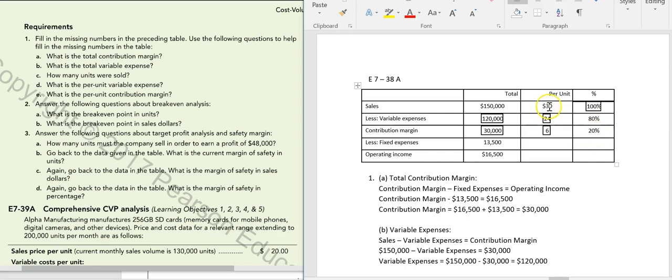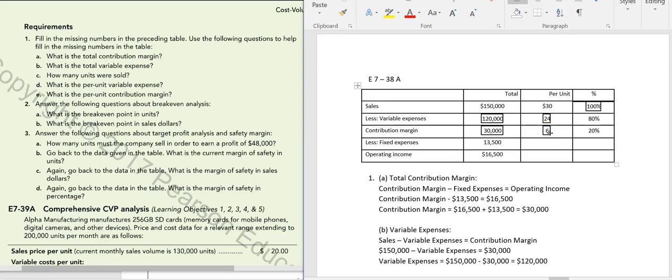So if you think this is your sales 100%, you could take per unit or you could take total. Then you could figure out what percentage of it is your contribution margin and what percentage of it is your variable expenses. Say for example contribution margin. How could you do that?